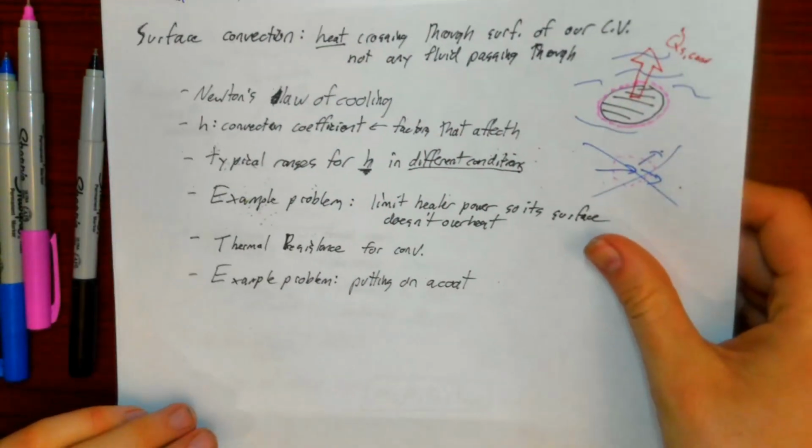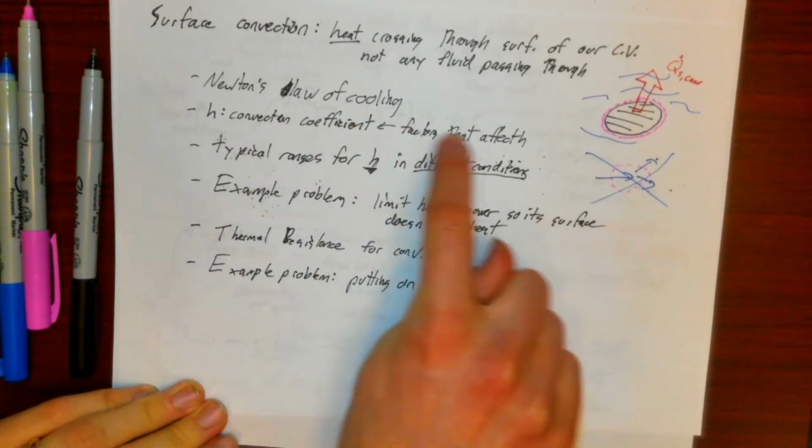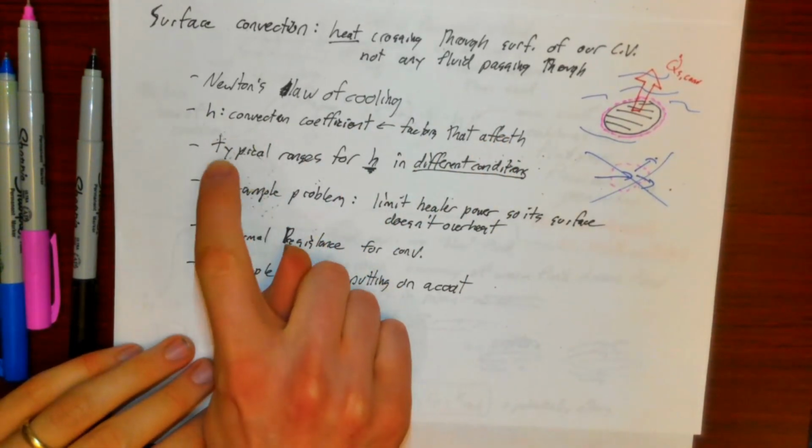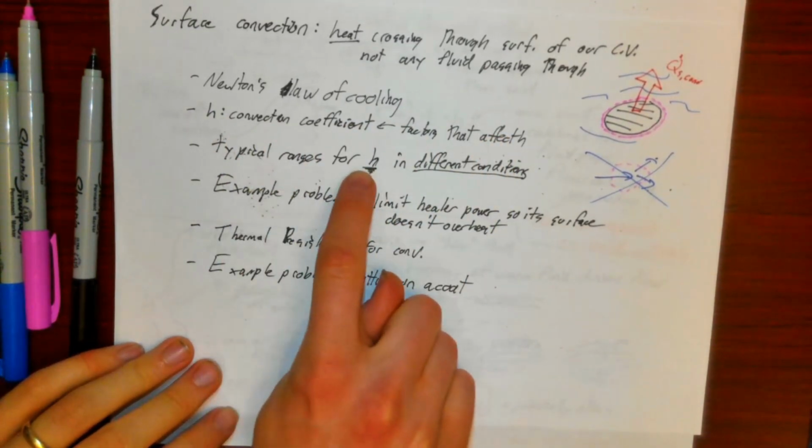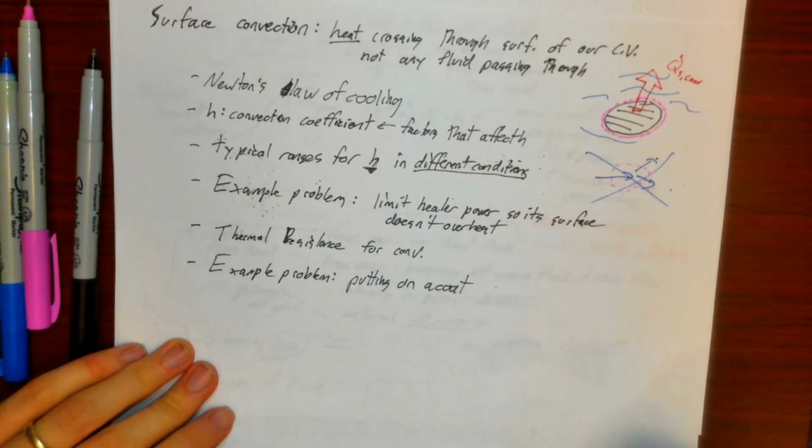So what's up next? Well, we talked about some factors that affect our convection coefficient. Now let's talk about some typical ranges that you might get for H under different conditions.